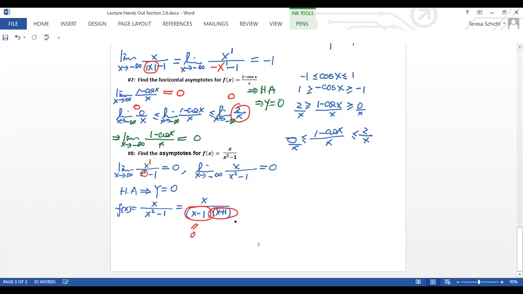That means x minus 1 equals 0 and x plus 1 equals 0. So x equals 1 or x equals negative 1. Both of these are my vertical asymptotes here, right? So for this function, I have 2 vertical asymptotes and 1 horizontal asymptote.